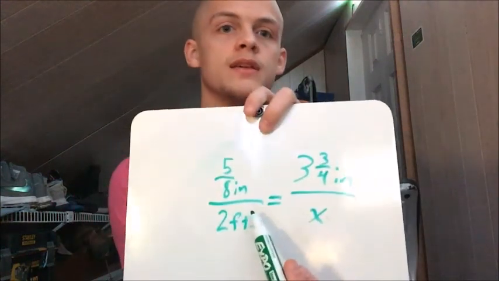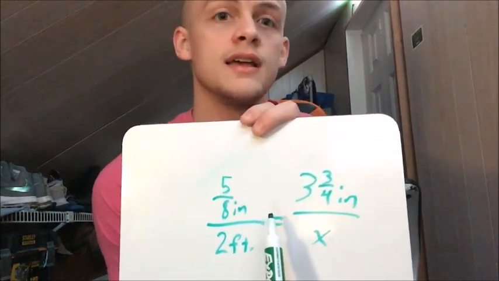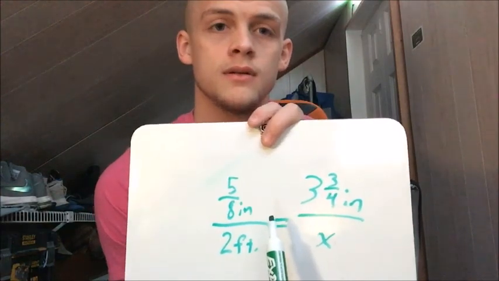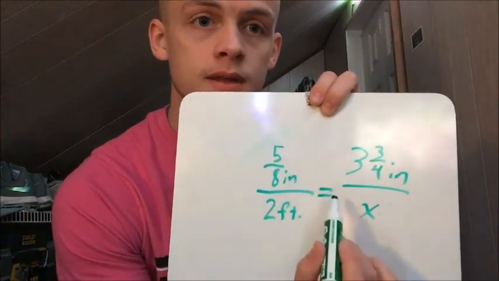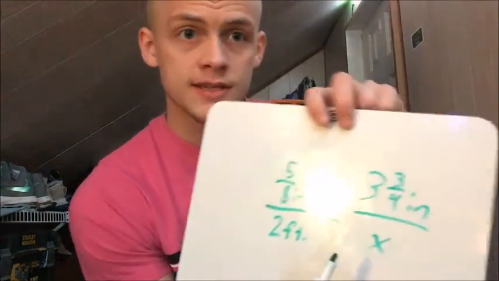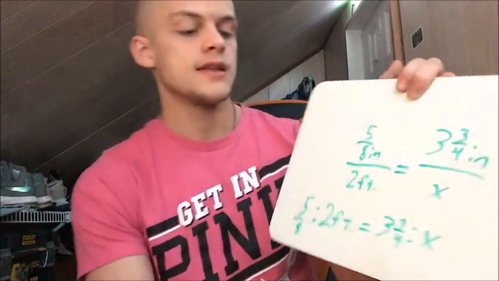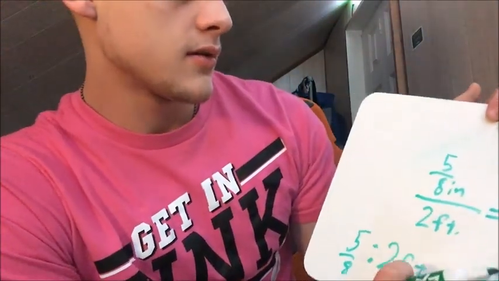So what we can do is set up an algebraic equation. We can cross multiply, right? Because if you remember, when you set up a proportion, this could also be written as 5/8, 2 feet, equals 3 3/4, x.